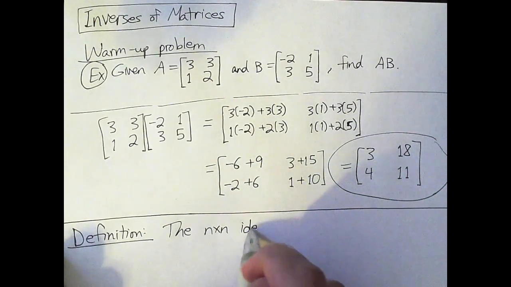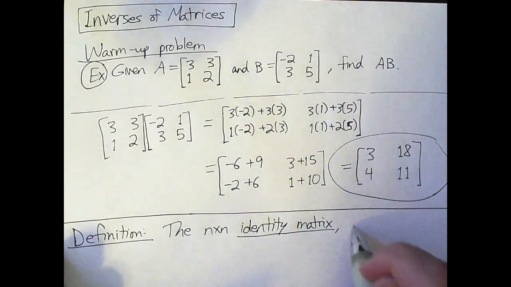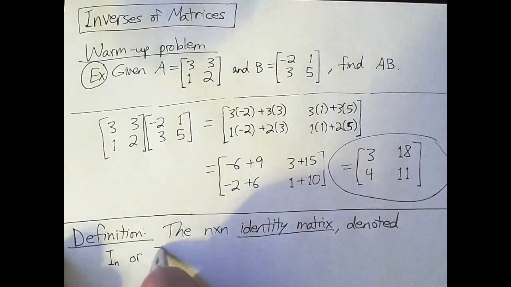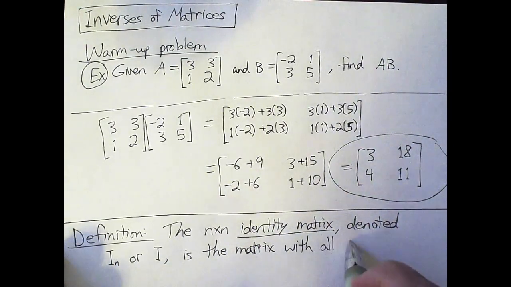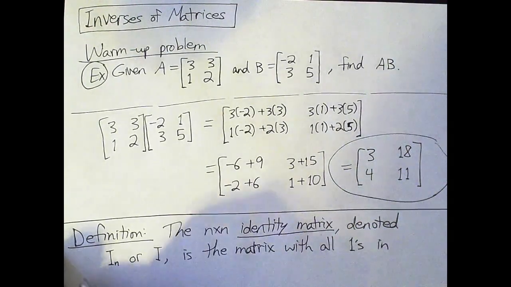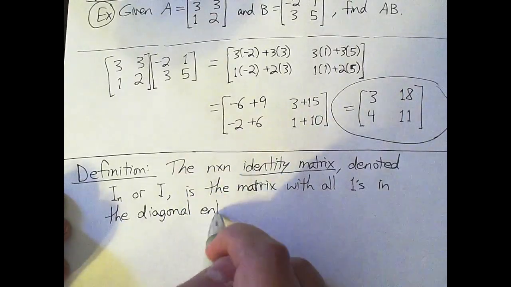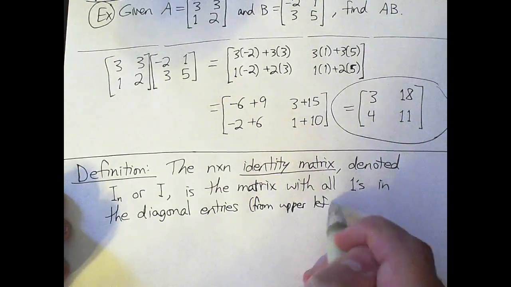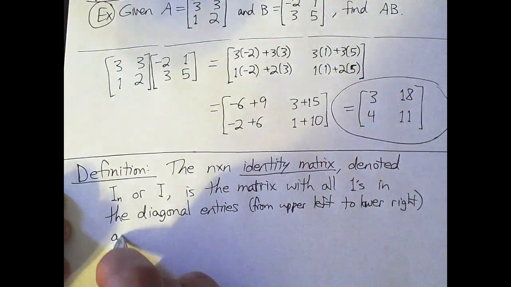The n by n identity matrix, which I'm going to underline, denoted In, or I, is the matrix with all ones in the diagonal entries from upper left to lower right, and zeros elsewhere.